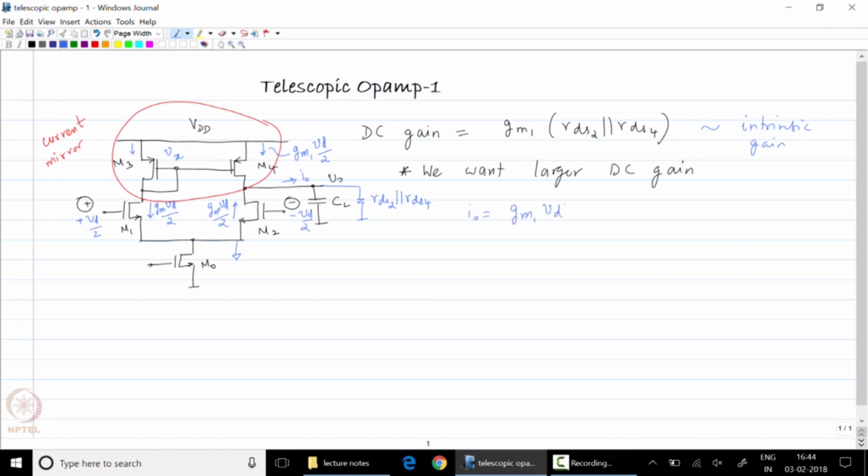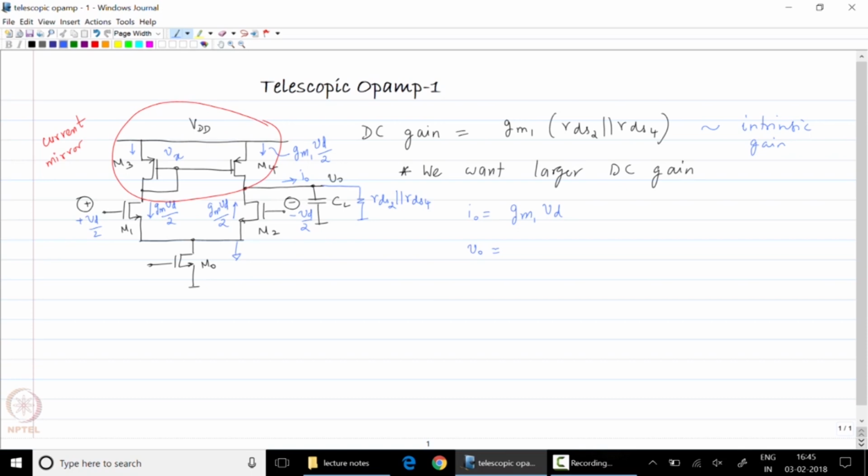As you can see, the function of the active load, the current mirror, is to take the current from the left hand side and pump it back into the right hand side in a constructive manner so that you get even more signal current flowing into the load. The second thing to note is that the output voltage is generated by passing this current through the load.